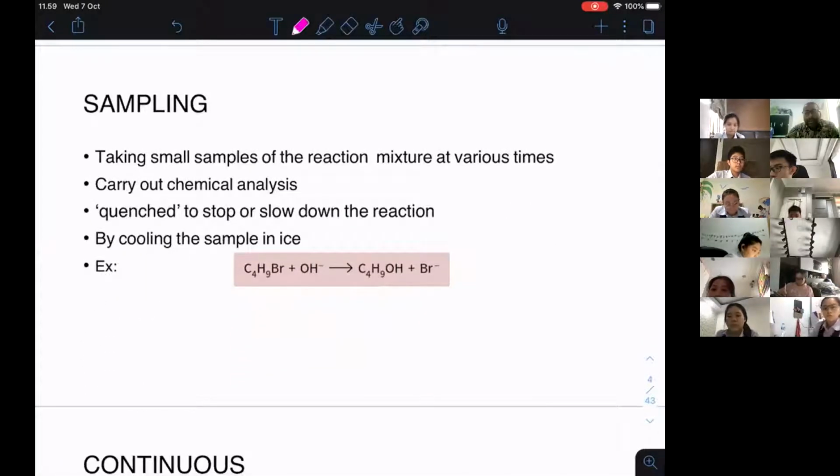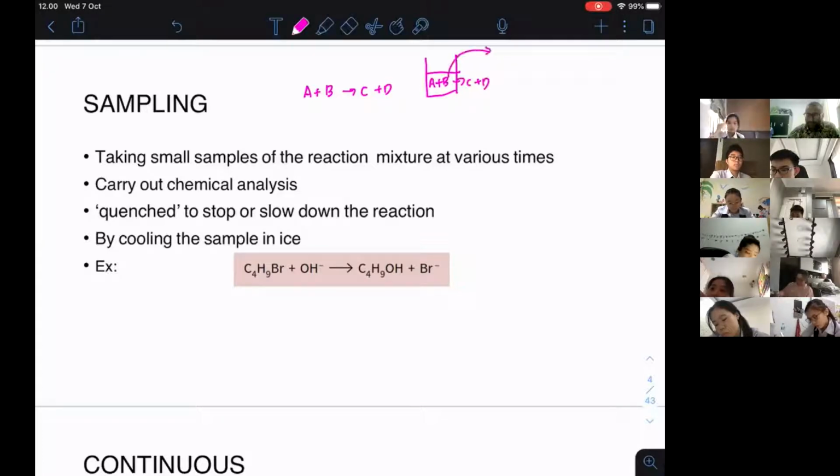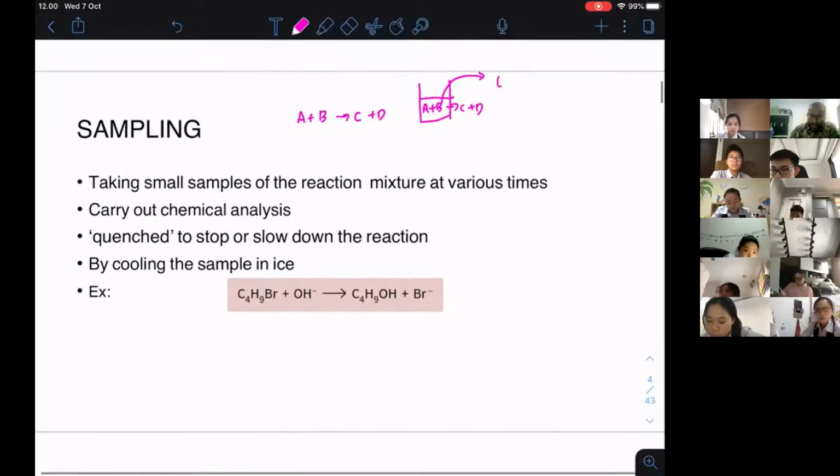The sampling method means we take a small sample of the reaction mixture at various times. For example, if you have A plus B to give you C plus D, I take a small sample of the mixture after I put in A and B. I will take a small sample at T equals 30 seconds.